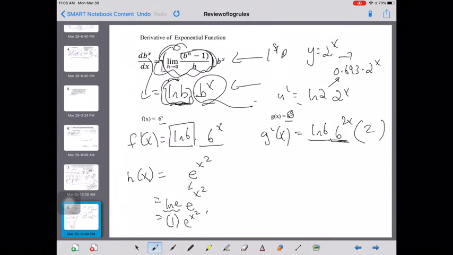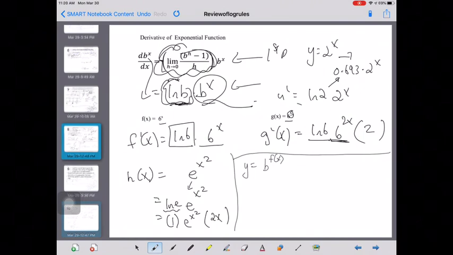However, don't forget, we dealt with the bigger picture. Now we've got to deal with the quadratic. In this case, it's going to be 2x using the power rule. So the last example is actually a general example. What happens if you have an exponential function, but then you have a function within that function? So this is a composite function. To do the derivative of this, the general statement is, well, the bigger picture is exponential.